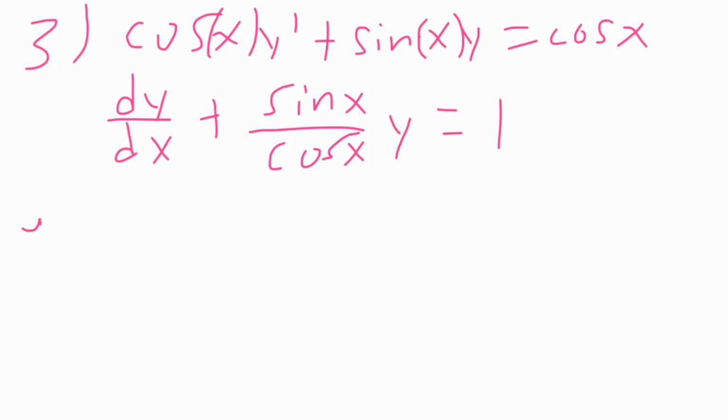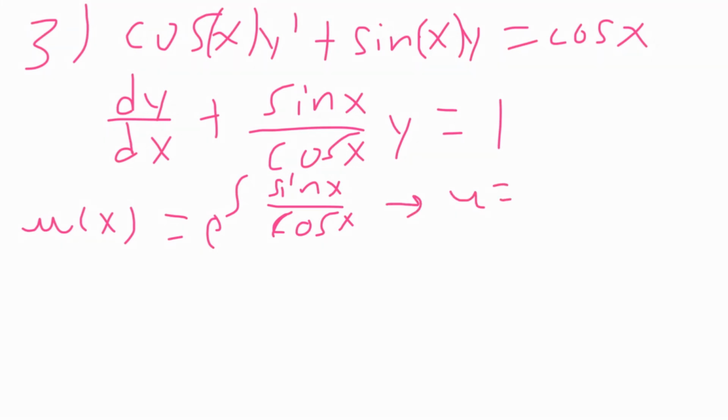So now we're going to find mu of x, which is going to be e to the integral of sine x over cosine x, because that's our p of x, since it's the coefficient of y. And now here will just be a quick u sub. So u is equal to cosine x, du is equal to negative sine x dx.